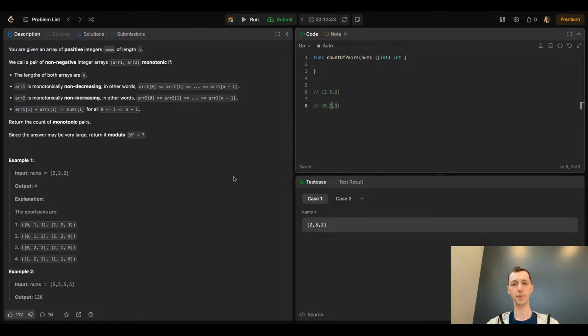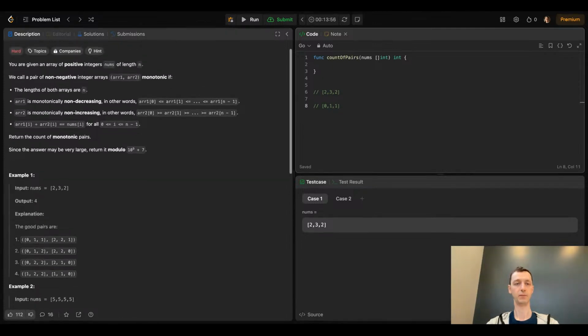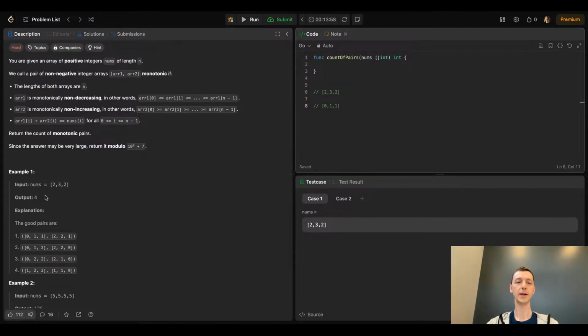Another approach would be some kind of math approach without generating and storing all those values, just looking at an array, at a value, calculating how many variations there are.